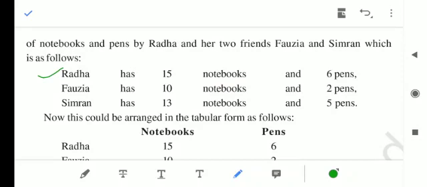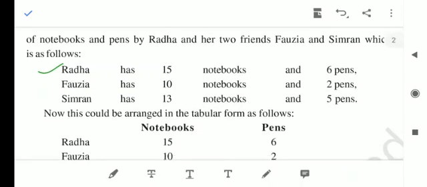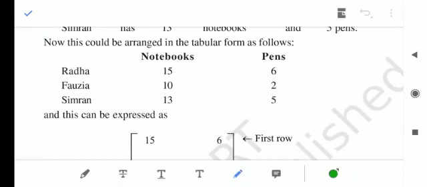Here the number of notebooks and number of pens are written for Radha, Fauzia and Simran, where two things are important: how many notebooks and how many pens. So if we write this in tabular form, Radha, Fauzia and Simran have 15, 10, 13 notebooks and 6, 2, 5 pens respectively.